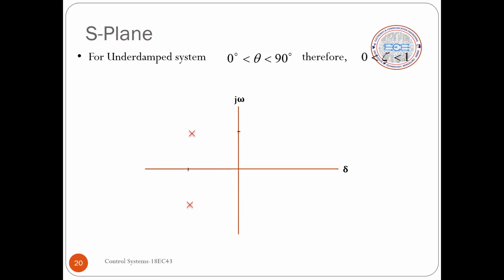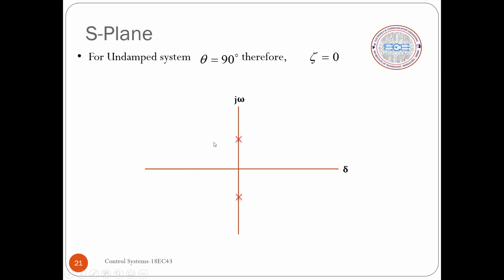For the underdamped system, the angle takes a value from 0 to 90 degrees, correct? For zeta from 0 to 1, you will find the angle changing from 90 to 0. Very simple. For the undamped system, zeta is 0, and you can see the poles lie on the imaginary axis, so theta is equal to 90 degrees, correct?